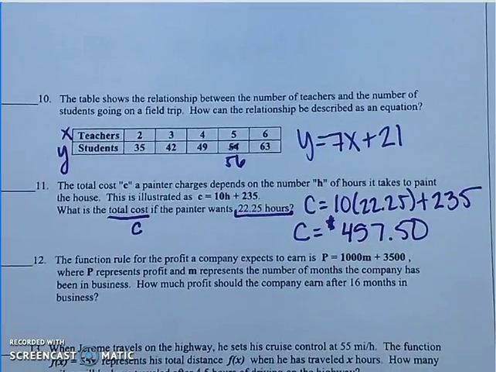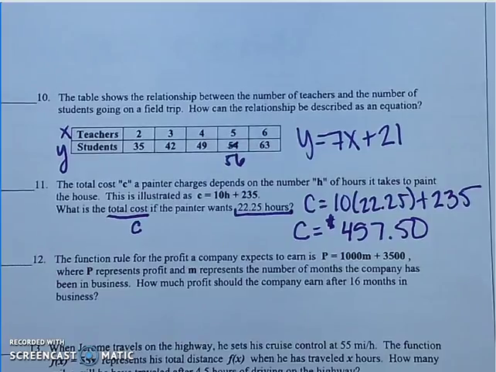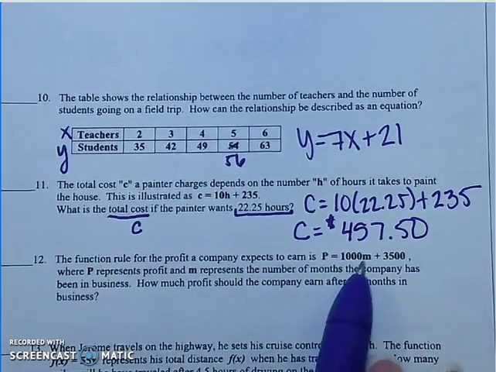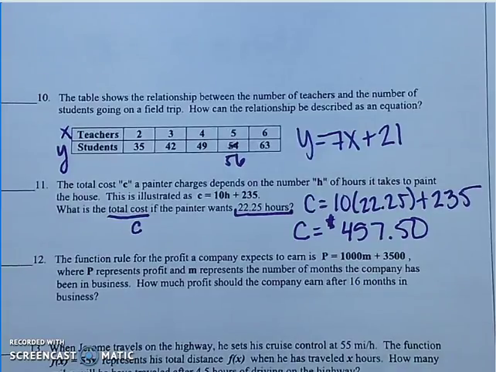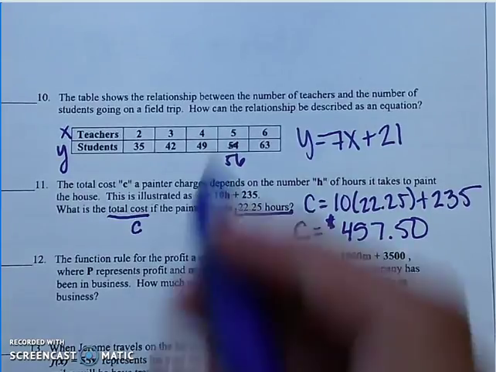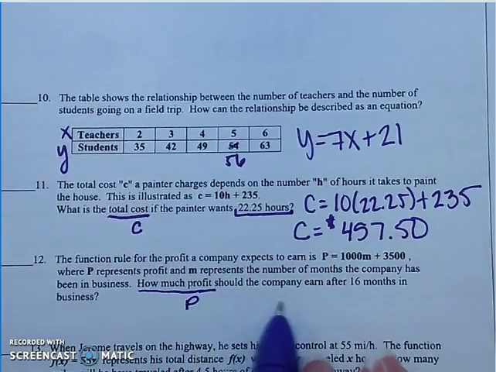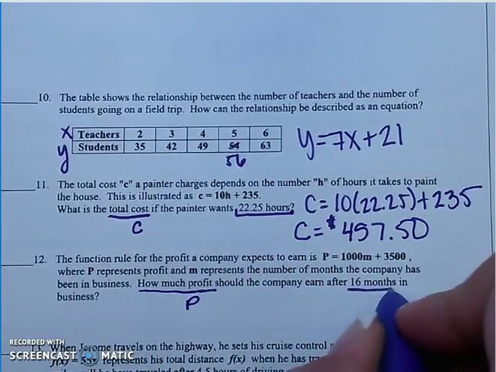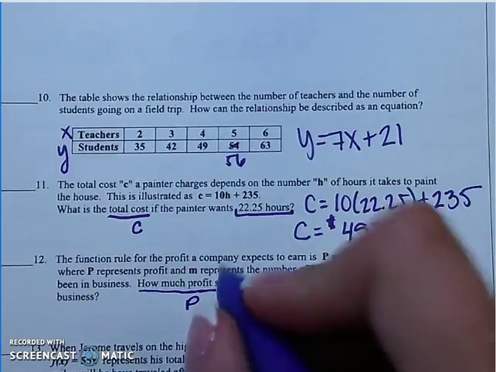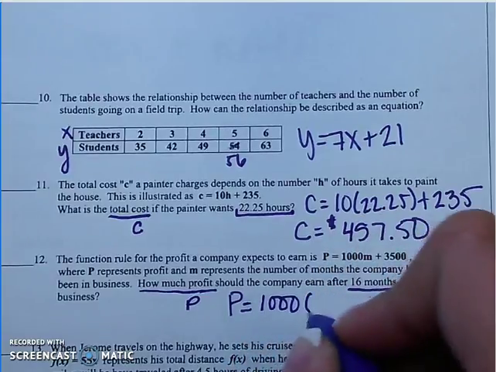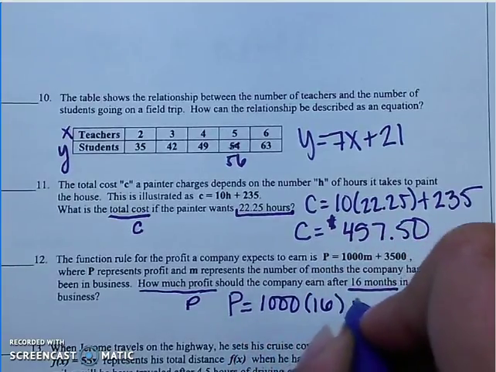12 is fairly similar. It's giving us the function rule for the profit the company is going to earn. P is the profit, M is the number of months that they've been in business. How much profit? See, there's your question, so I'm looking for P, given that they were 16 months in business. I'm plugging in 16 into my months.